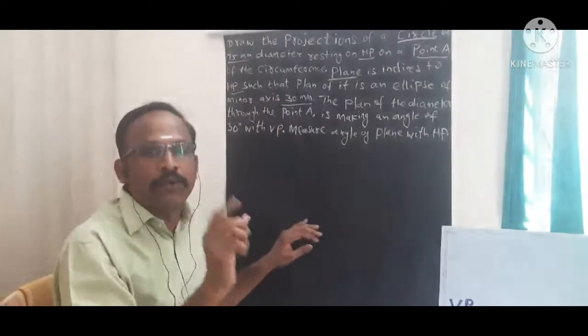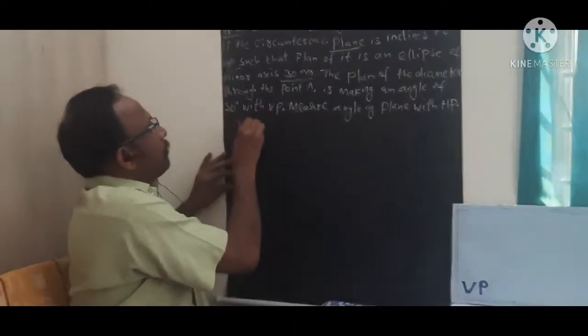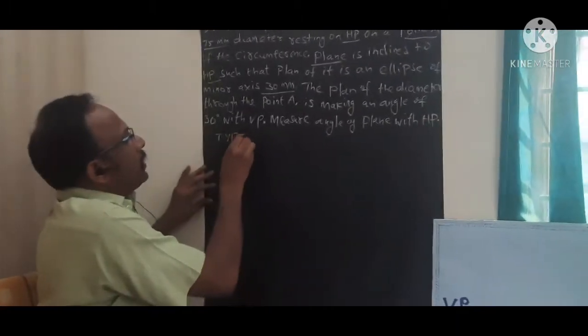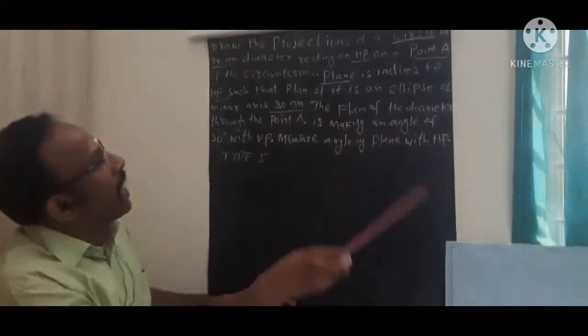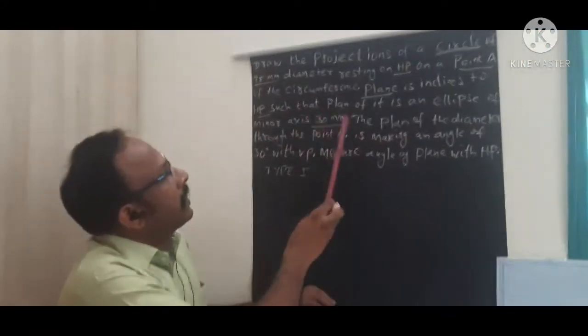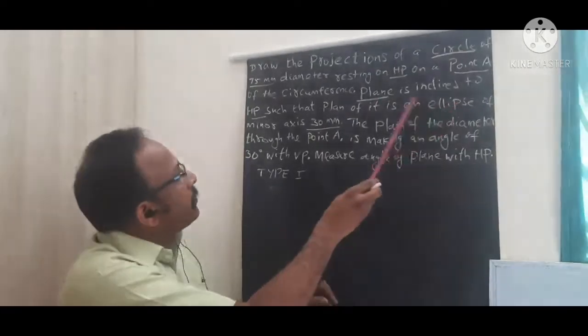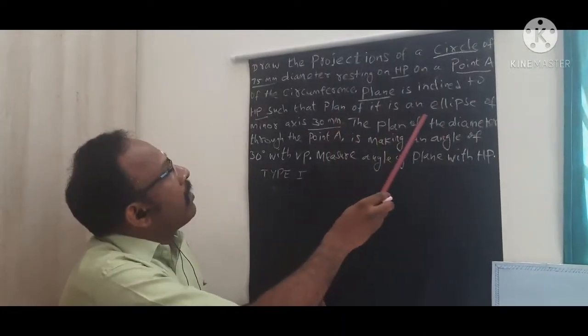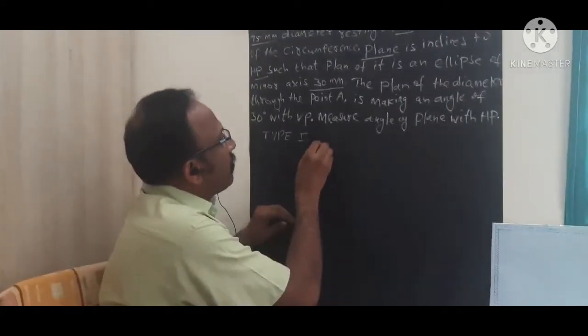So this is a type 1 problem. You can decide this is a type 1 problem based on the condition given here. The plane is inclined to HP. Right? Here the angle is not given. Instead of that, they have given the plan of it is an ellipse of minor axis. What is given?